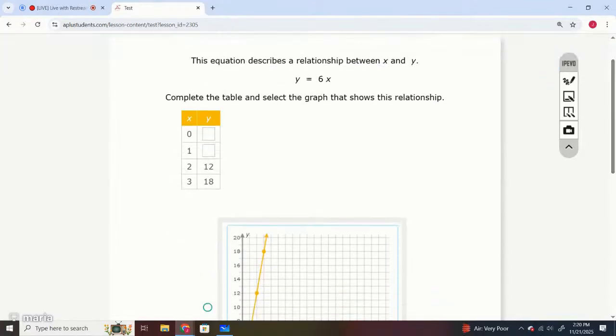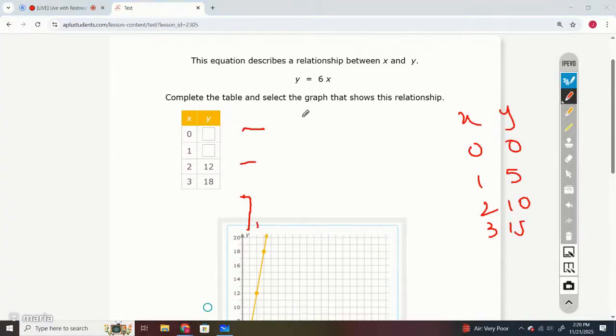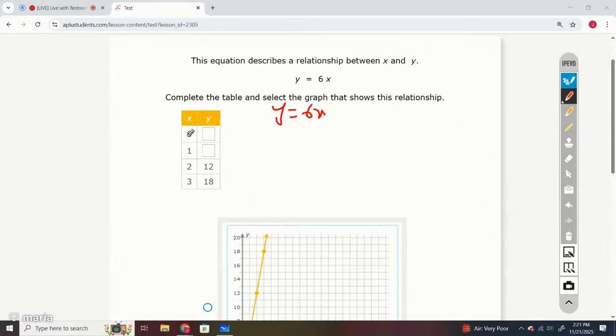Okay, the next one is this equation describes a relationship between x and y: y equals 6x, right? So y is equal to 6x. Replace the x with 0. That is 6 times 0. Then 1. That is 6 times 1, which is 6.